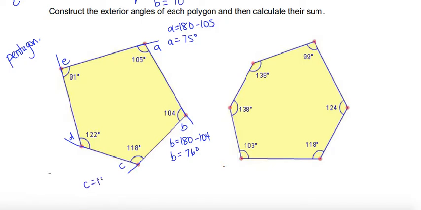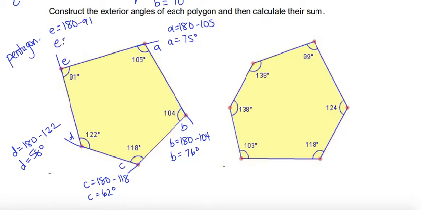C is equal to 180, take away 118, so C is equal to 62 degrees. D is equal to 180, take away 122 degrees, so D is 58 degrees. And E is equal to 180, take away 91 degrees, so E is equal to 89 degrees.